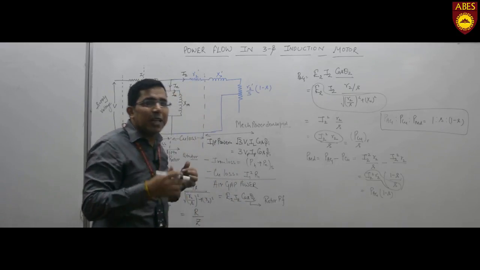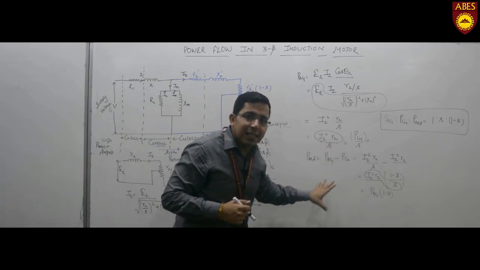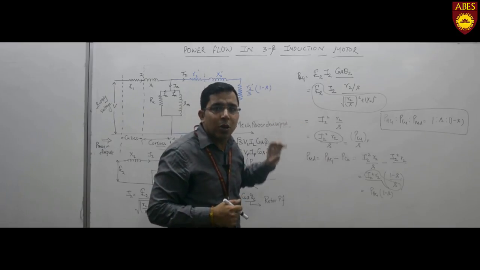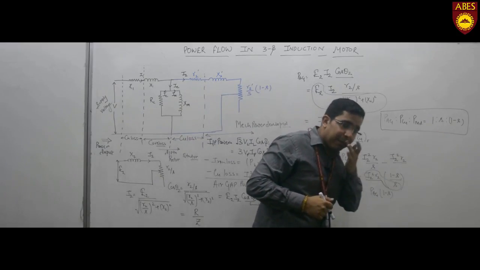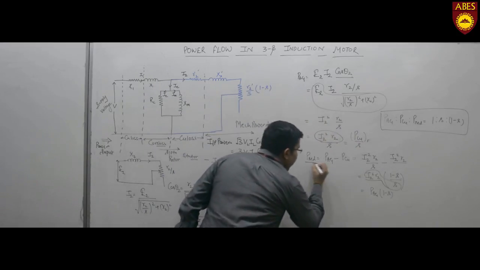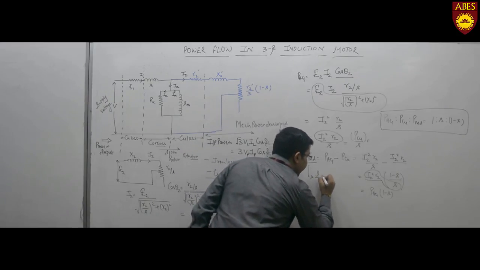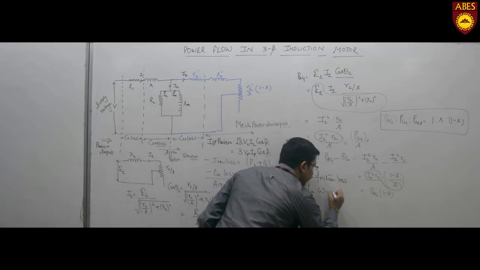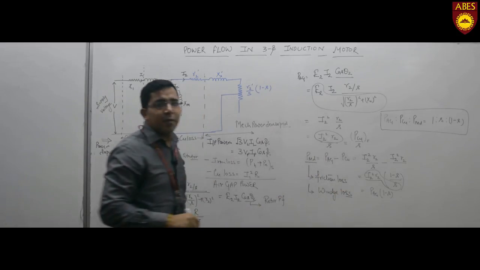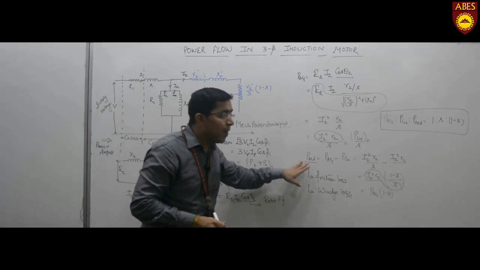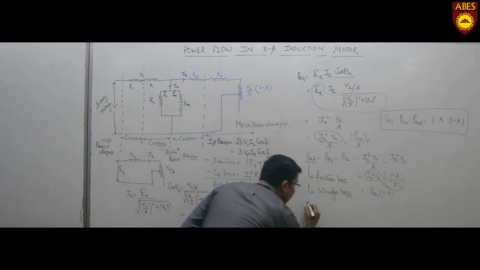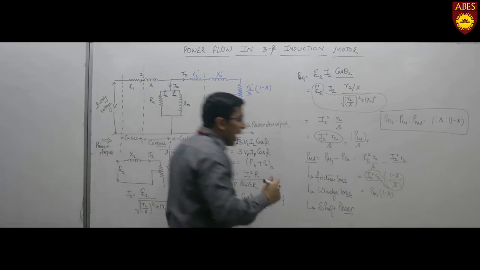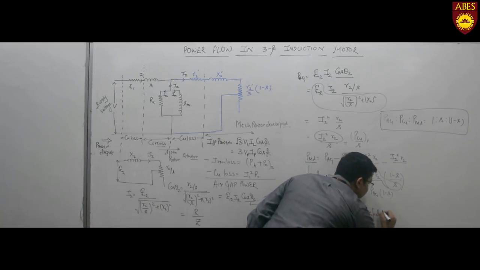Now this is a relation between the mechanical power developed, air gap power and the copper losses on the rotor side, in the ratio of 1 is to S is to 1 minus S. Further, this mechanical power developed suffers the friction loss and the windage loss, and the power left over is known as the shaft power, which is actually the useful mechanical power.